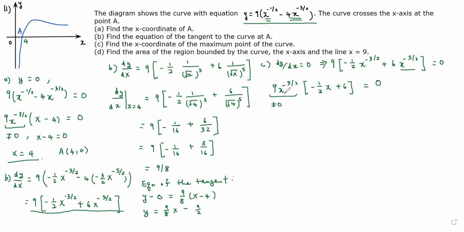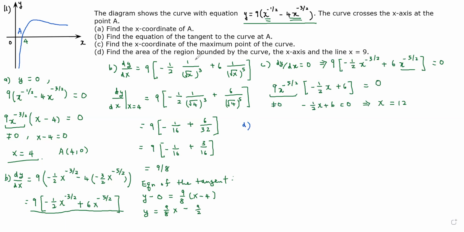X is in the denominator. And we have negative 1 over 2 x plus 6 equals 0. And solving for x, we get x equals 12. So the maximum point on the curve has an x-coordinate of 12.